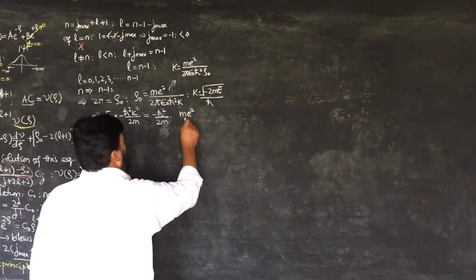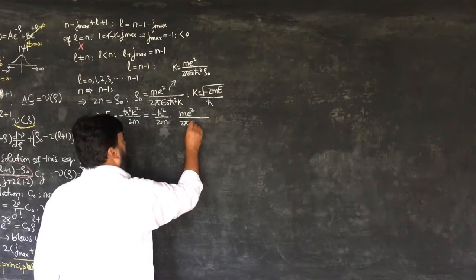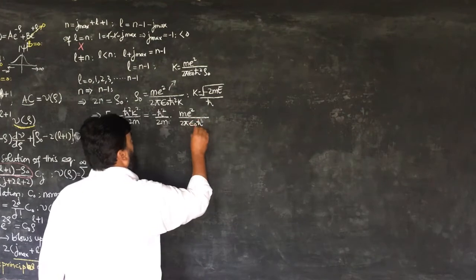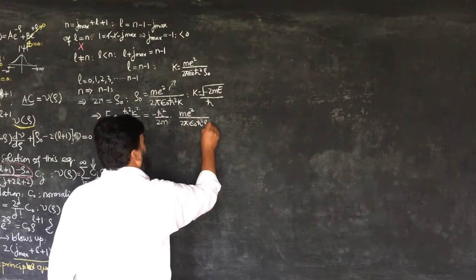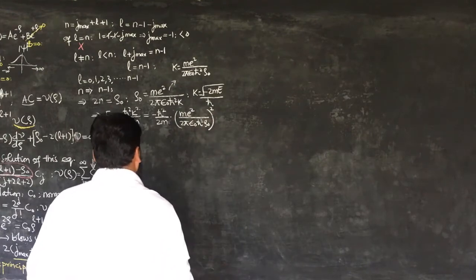So this will be m e square over 2 pi epsilon naught h bar square rho naught, and this is whole squared.